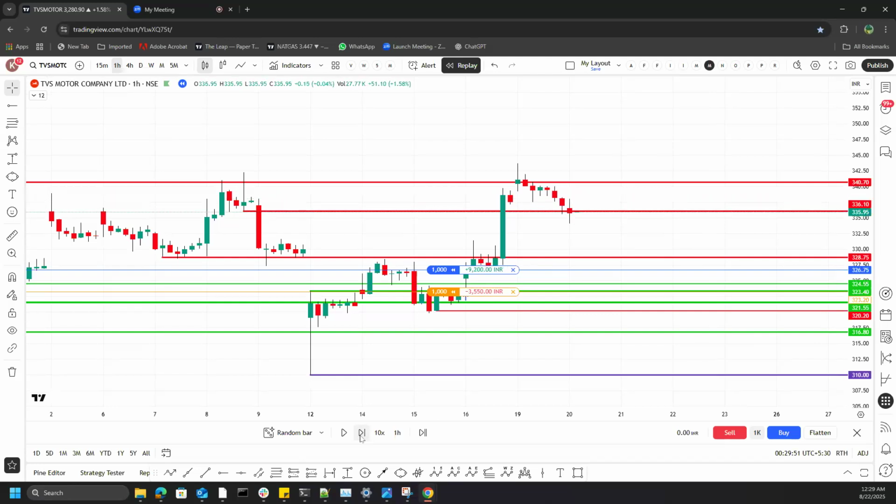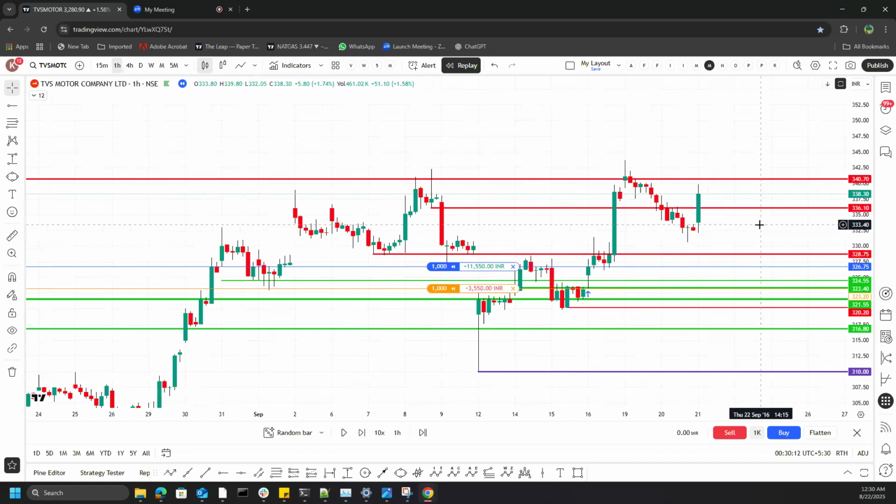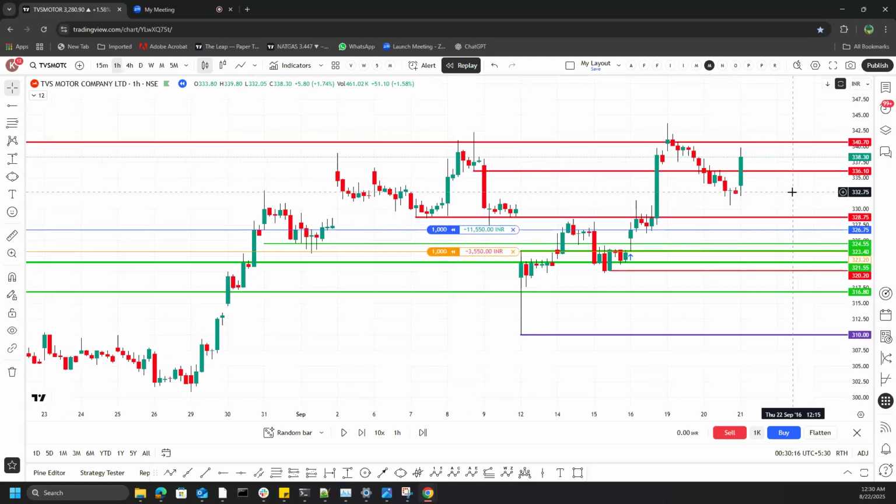Okay, our target, it hit. Now you see it's just coming down. If you're not booking your profits here, almost the entire profit got eroded, 70% of the profit. I think this is based upon the supports and resistances, so the price is moving exactly.